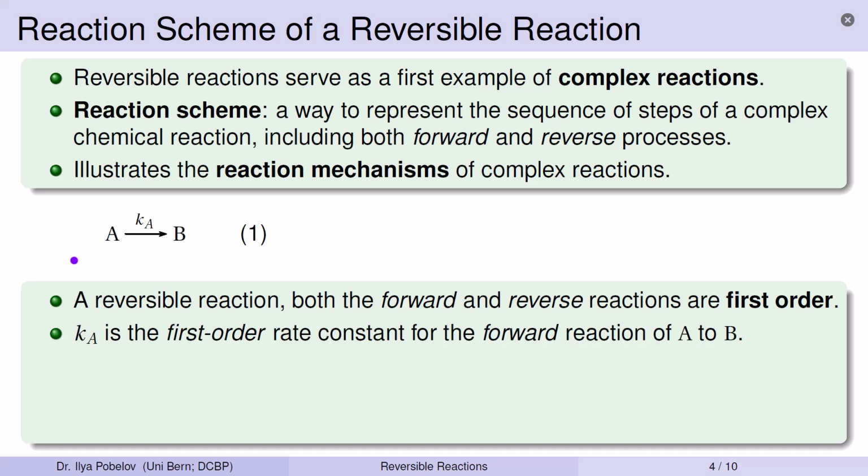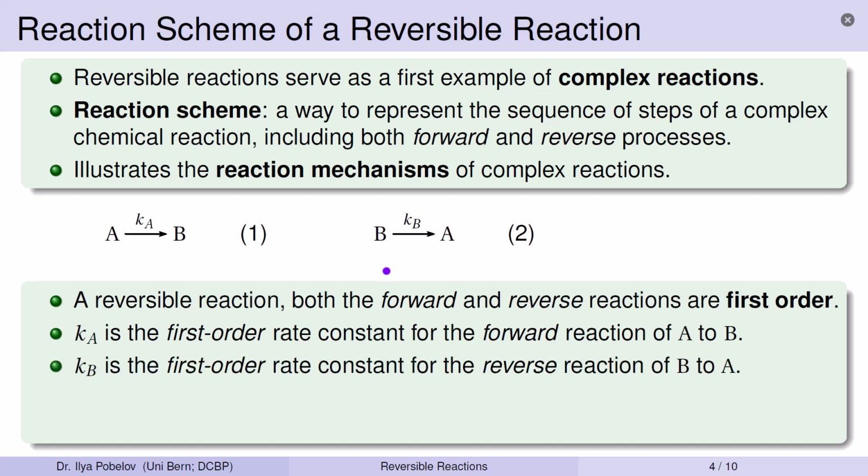The forward reaction involves the transformation of reactant A into product B. This reaction is first order with respect to A, and its rate is governed by the rate constant Ka. It is represented by this equation.